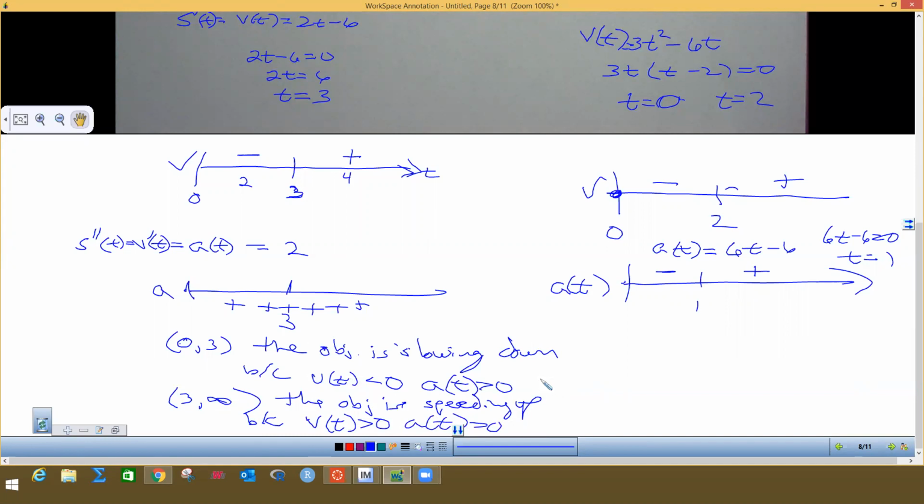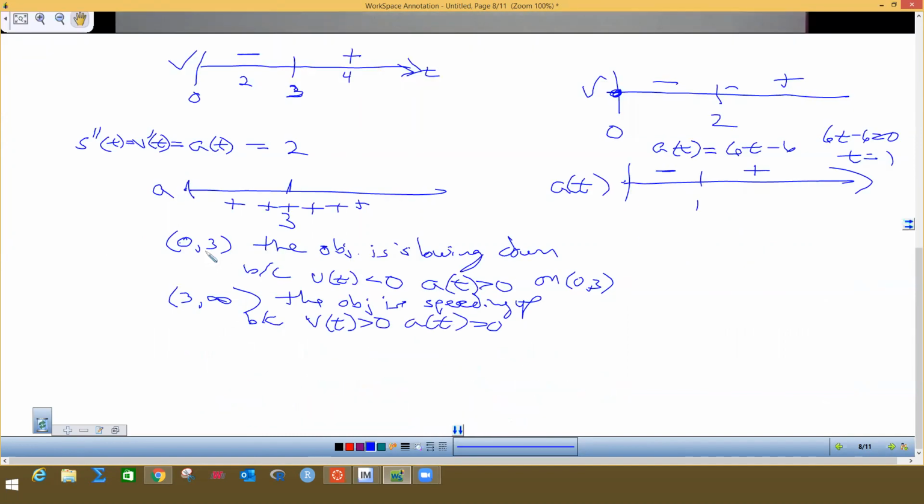And I should have put over here on the interval 0 to 3 up here because that's what I'm talking about. And if you put negative infinity to 3, it'd probably be okay. And then down here we'd say on the interval from 3 to infinity. And last but not least, we're doing the same here. So if you look, 0 to 1 is negative and this is negative to 2.